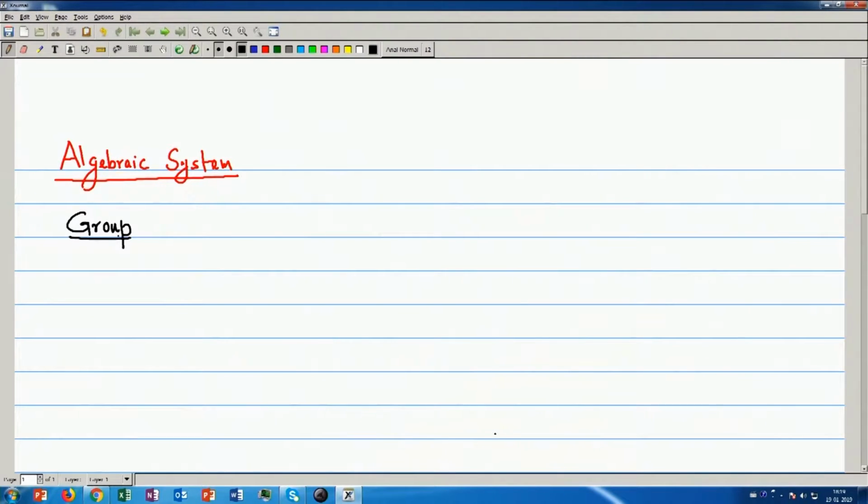The semigroup and the monoid that we have defined satisfy the property of closure, then associativity, and if it has the identity element, then it is a monoid, otherwise it is a semigroup.